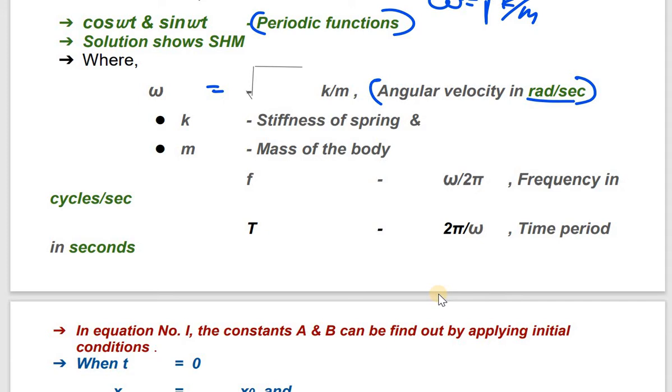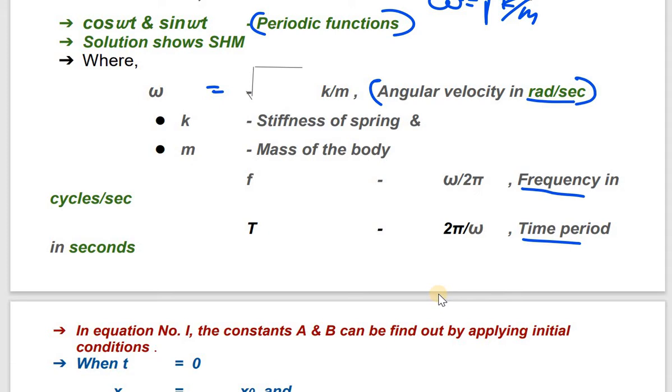Now here, the frequency and time period. Because in dynamic analysis we are dealing mainly with vibration. When there is a vibration, there will be a frequency. There will also be a time period. Time period means after what time it will be repeating.